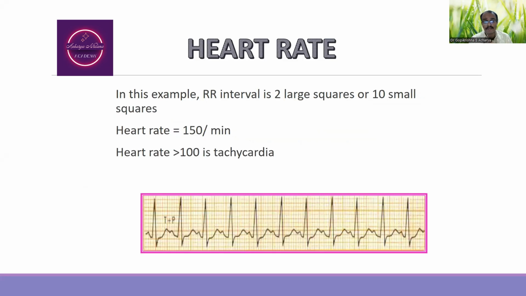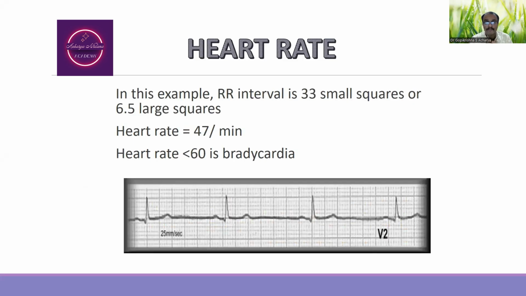In this next example, the large squares between the two RR intervals are 2, or otherwise 10 small squares, so the heart rate on this occasion is 150 per minute. A heart rate of more than 100 is considered to be tachycardia.